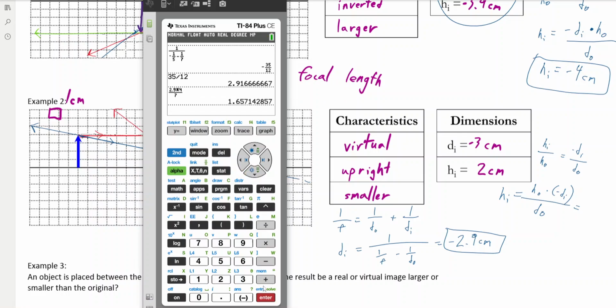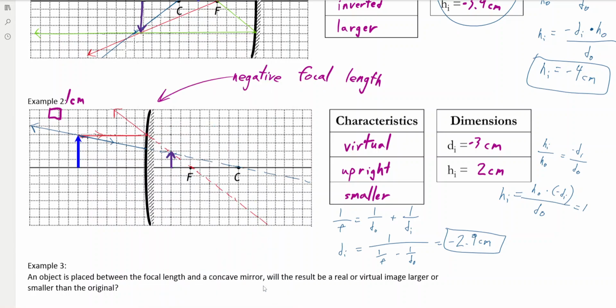And so we get a result of 1.657. We're going to say 1.7.